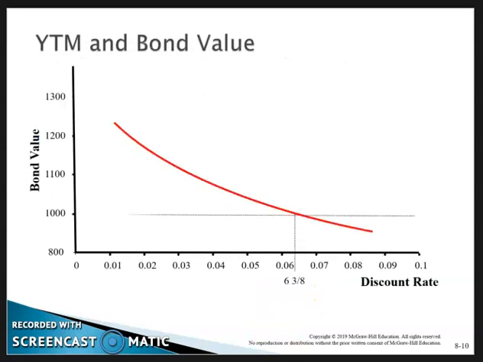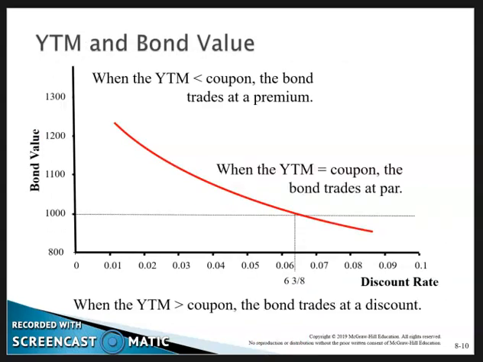So the example, yield to maturity and bond value. If the discount rate or yield to maturity is equal to the coupon on the bond, then we're going to be priced at par.